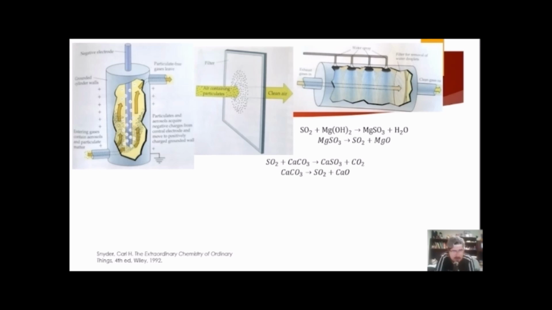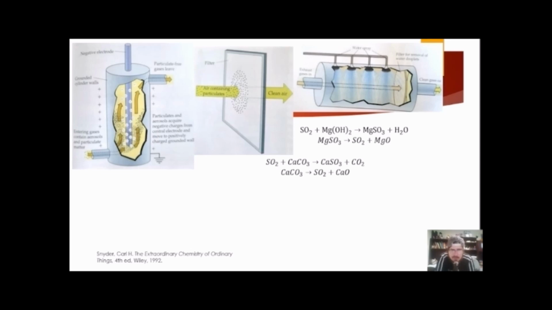The aerosols, which are, as we saw, at micrometer scales, get stuck in the holes and cannot pass through. So the large particles will be stuck behind and the air can pass through safely. That's pretty straightforward. Now, the scrubbers are a little bit more interesting.